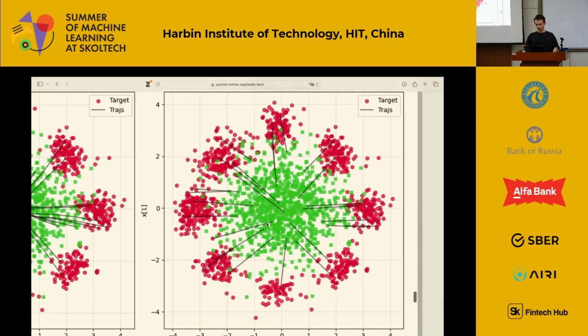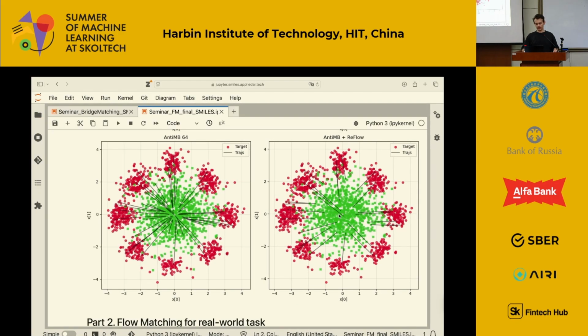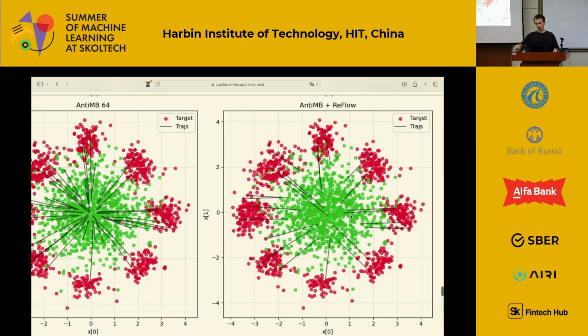And this rectified flow has almost straight trajectories. The transport plan is also almost optimal. It has straight trajectories, and I think it can almost be inferred using just one step of the ODE solver, which is great because the complexity of this thing is like the complexity of GANs, which are very, very fast.